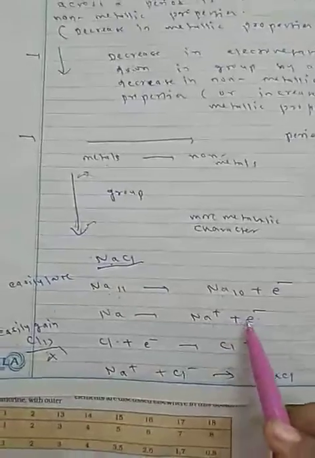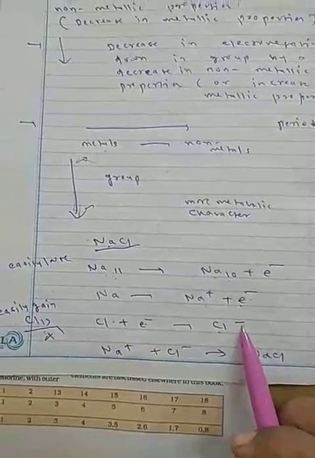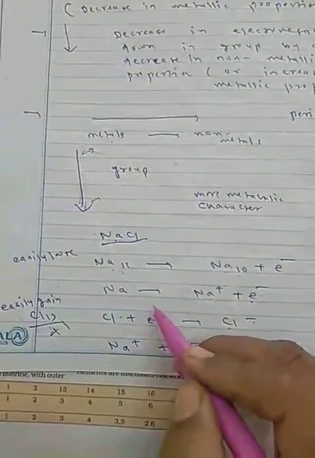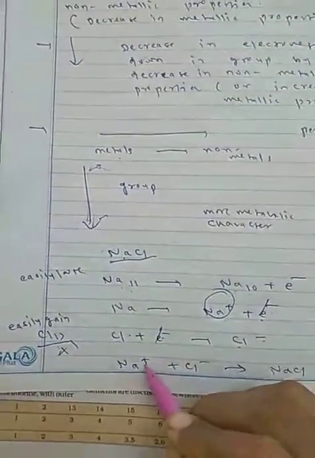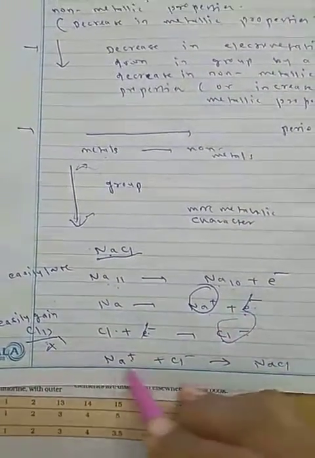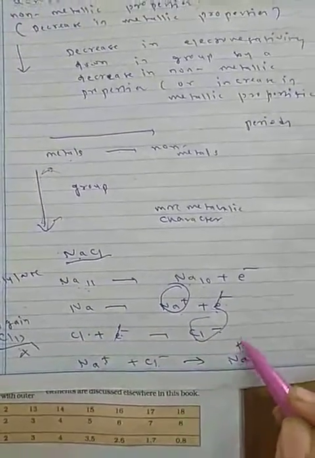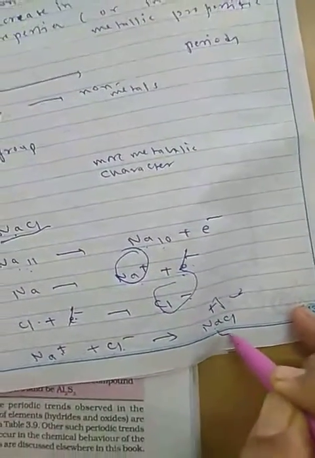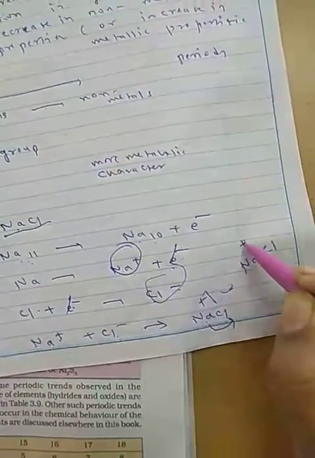So chlorine easily gains an electron and forms Cl minus. So sodium and chlorine easily satisfy their valency. NaCl is Na plus and Cl minus. Na is giving one electron to the chlorine. So Na is plus 1 and Cl is minus 1, one is metallic and the other is non-metallic. Okay students.